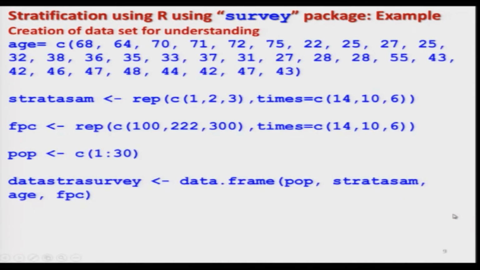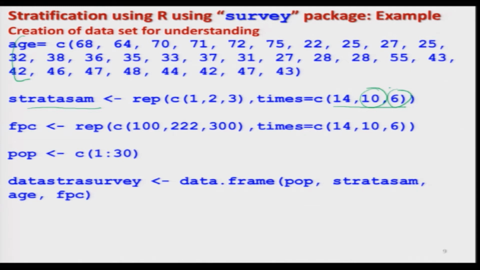Now, I need to create a data frame for this data set. I have entered the ages in the variable age, and then I have defined the stratum number 1, 2, 3. There are 14 values corresponding to 1, 10 values corresponding to 2, and 6 values corresponding to 3.